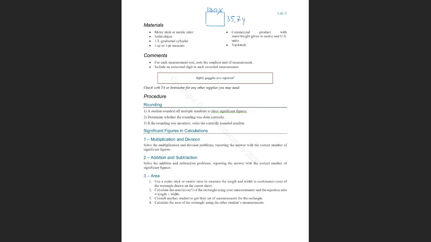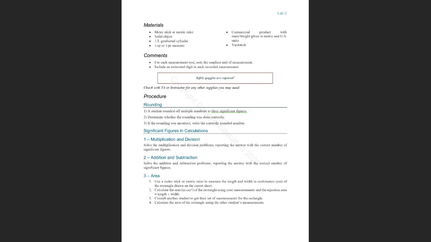It's a multiplication, so our answer has to have the number of sig figs of the measurement that has the lowest number of sig figs. 130 has only 2 sig figs. Okay, you're welcome, John. Okay, awesome. That's the only reason.